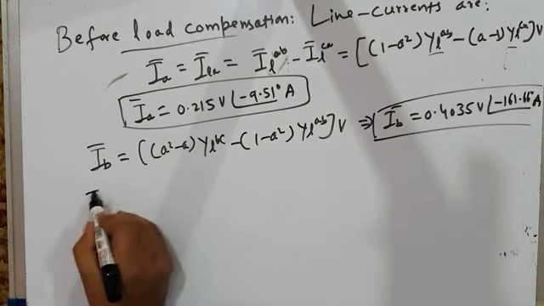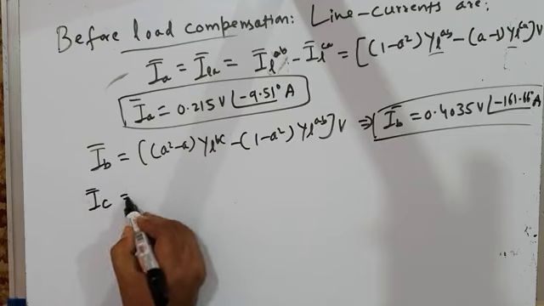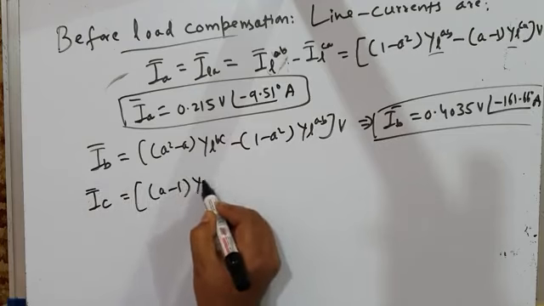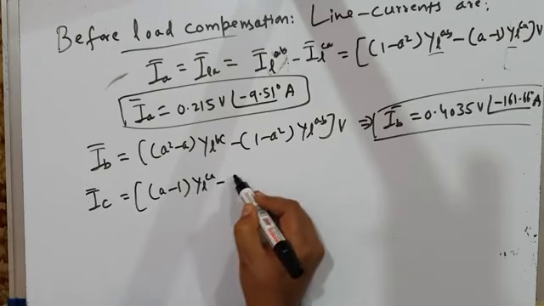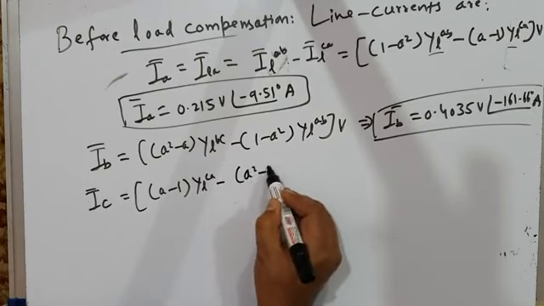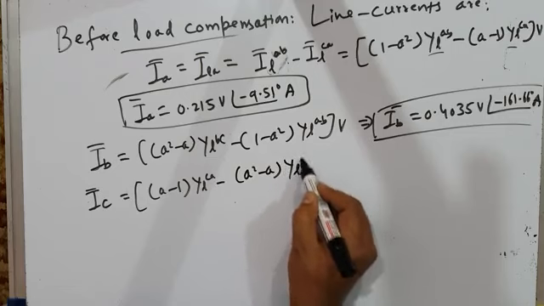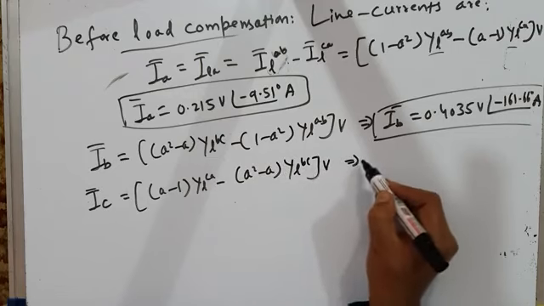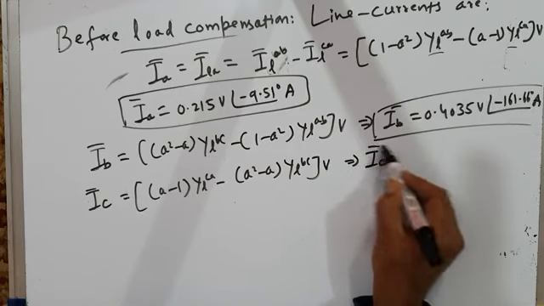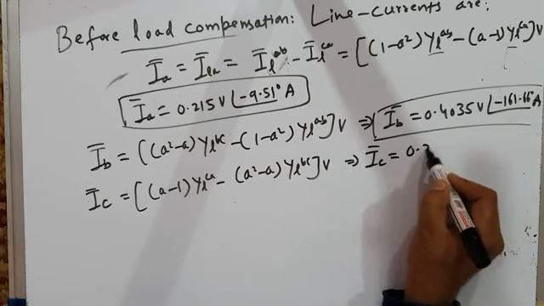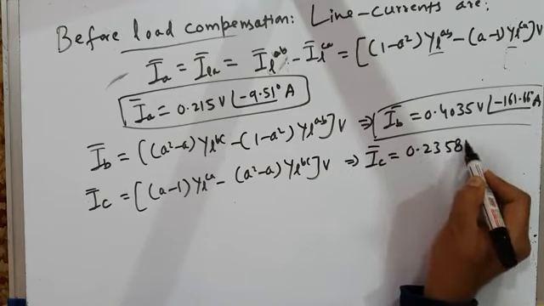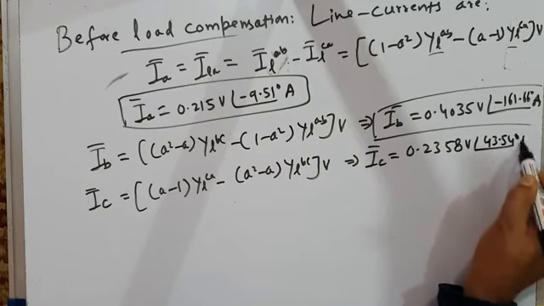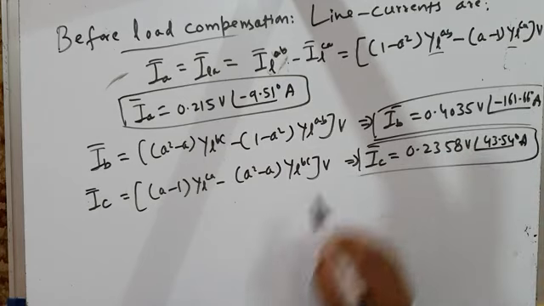Similarly, you can find line current IC, and as per the formula, that is equal to (a minus 1) times YLCA minus (a square minus a) into YLBC into supply voltage, phase voltage V. That is equal to 0.2358 V at an angle of 43.54 degree amps. This is line current IC.